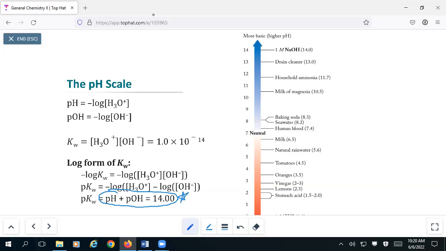And again, this equation is going to be really useful to us because there will be instances where we will know the pH of something, but we need to actually know how to figure out the concentration of hydroxide. And so we're going to need to do a little bit of interconverting. And so actually one of the big goals for today is to get familiar with that interconversion process.